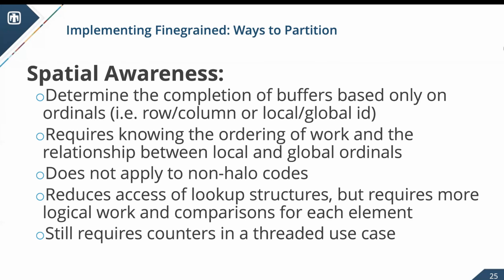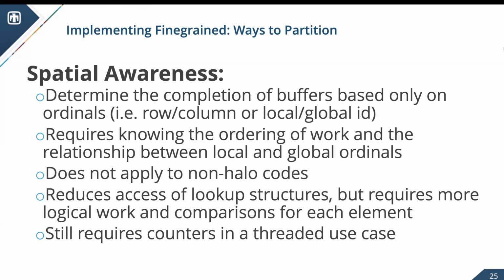There are lots of applications where you can figure these things out. There are obviously complexities in doing this, so I'm sure many of you have written codes that do this for conventional communication. It requires knowing the ordering of work and the relationship between local and global ordinals, which is sometimes non-trivial. And it does not always apply well to non-halo codes, things where there's lots of general communication, like, oh, I have this many atoms that happen to be slipping through at this moment, where there's sort of not this a priori knowledge of the communicated volume.